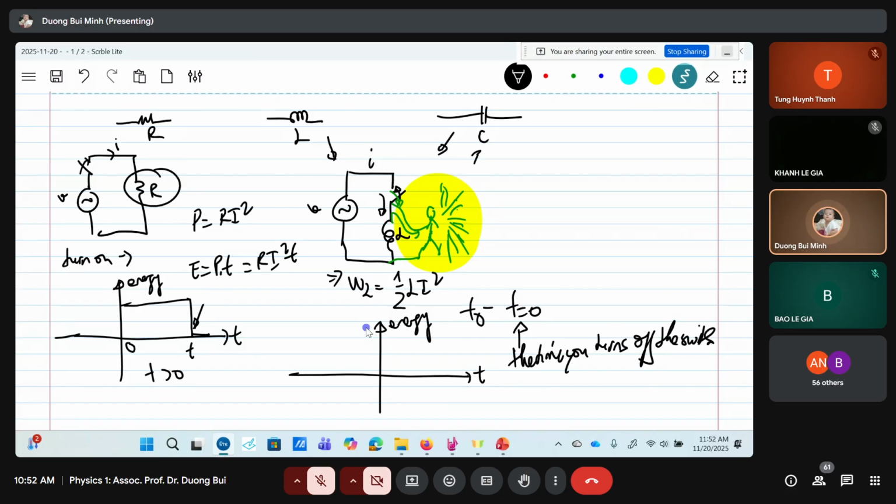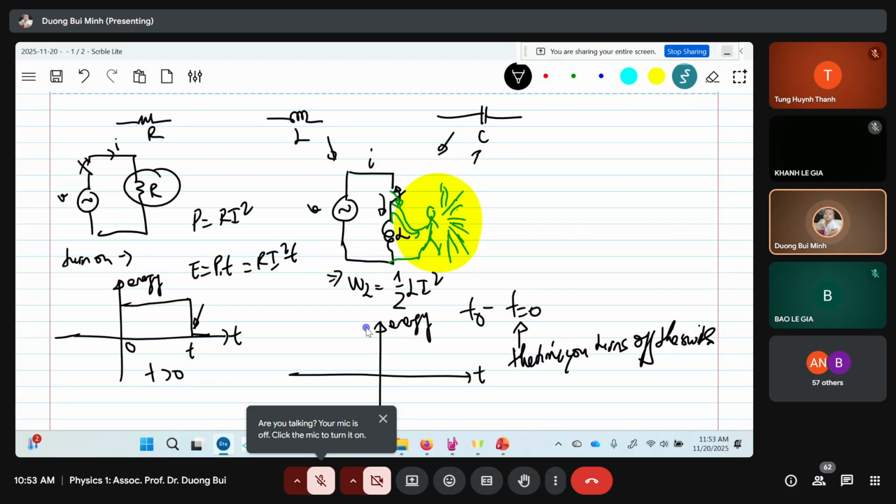When you turn off the switch, you need to release the energy stored in the inductors before you do something. Otherwise, the energies will discharge into your body, and then say goodbye to your parents, because you will be dead. Any questions?